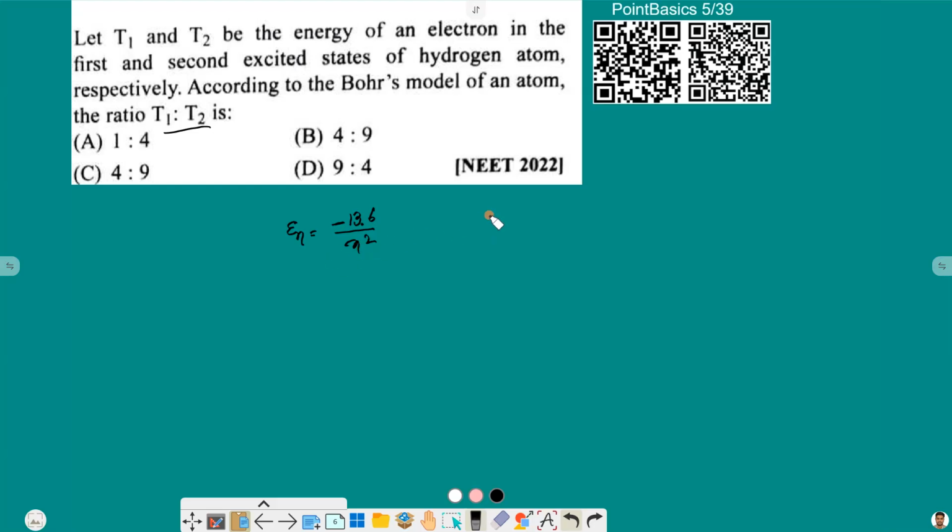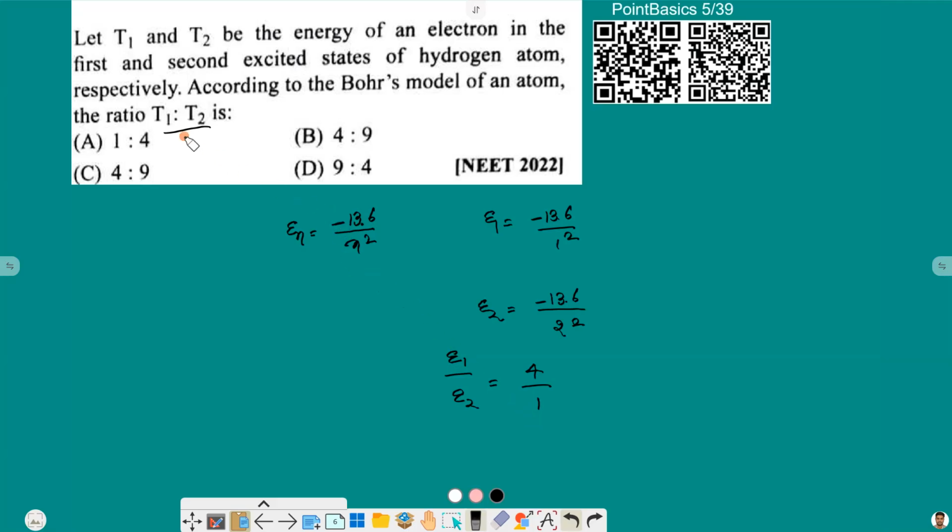So for the first orbit, E1 will be equal to minus 13.6 by 1 square, and for the second orbit it will be minus 13.6 divided by 2 square. And if we take the ratio, if we divide E1 by E2, then what we will get? We will get 4:1, I think. Yeah, it should be 4:1.